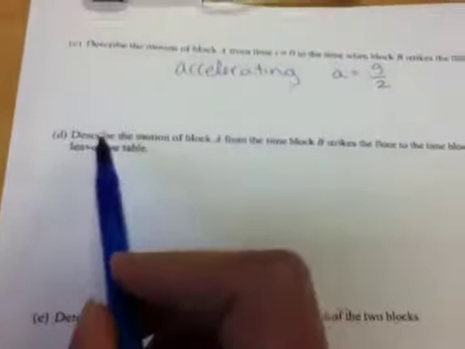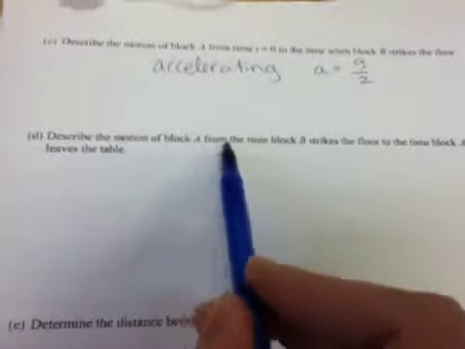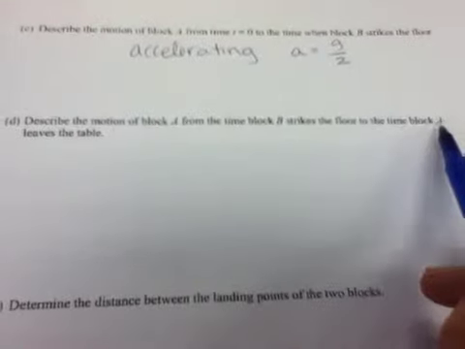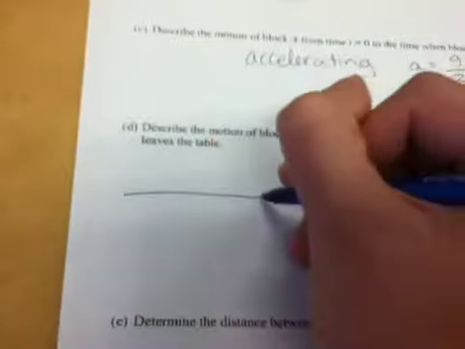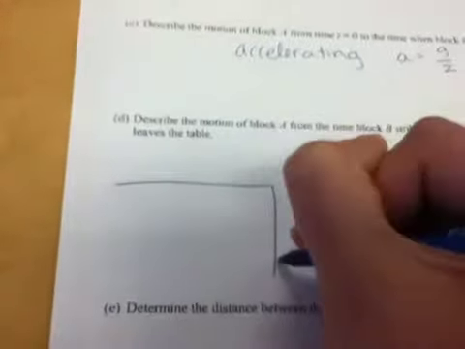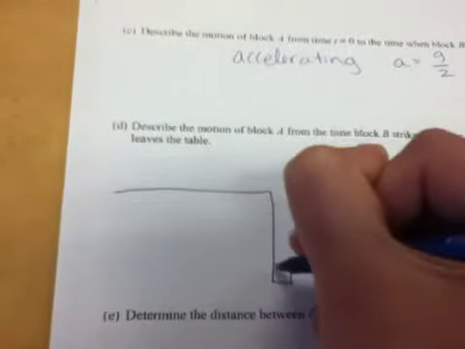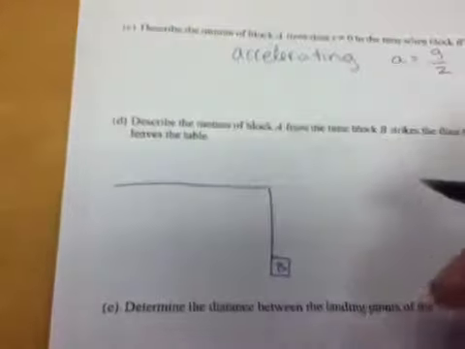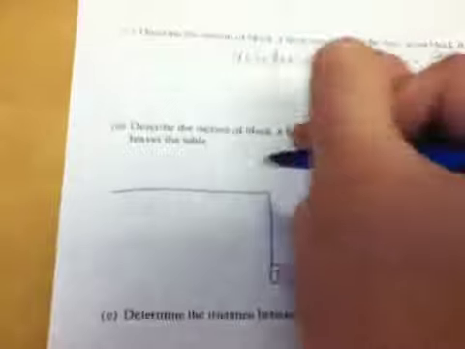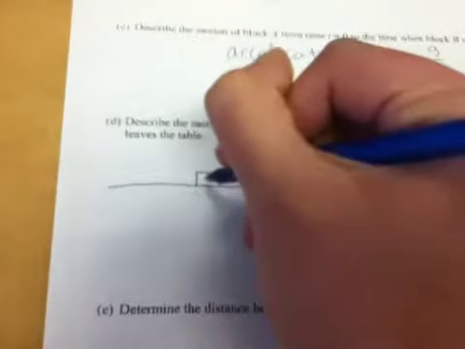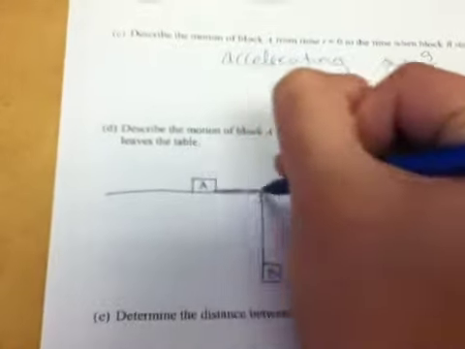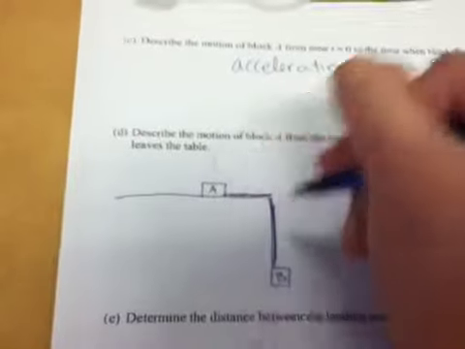All right, now, but what about the motion of the block from the time block B strikes the floor to the time block A leaves the table? So basically, what's going on here is we have got block B right here. It's already hit the floor, and block A is just zooming right along.